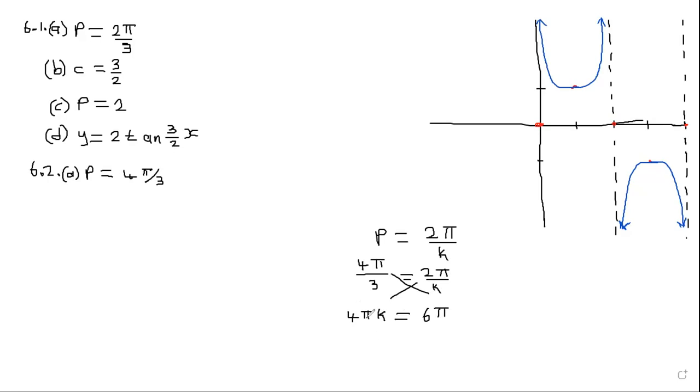Now dividing by 4 pi on both sides, pi will cancel pi.